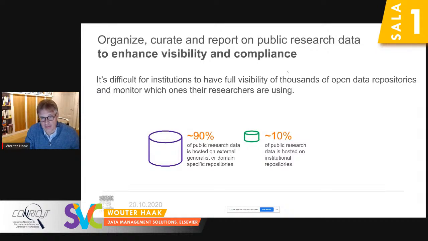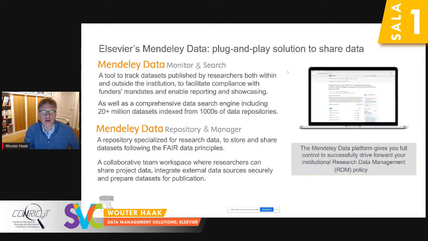We can help with that. What we do is we track all the data on any repository worldwide that is yours. We enrich it and we make sure that this is tracked back to you. So if you want to report, showcase, and give credit to the researchers that have done this sharing, you need to know what they've done.